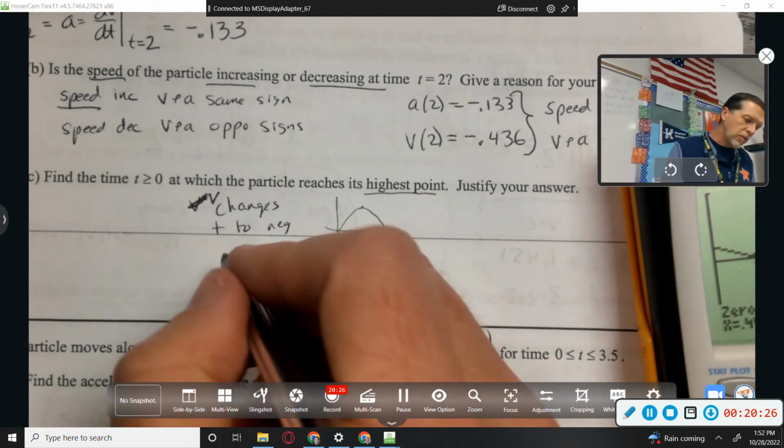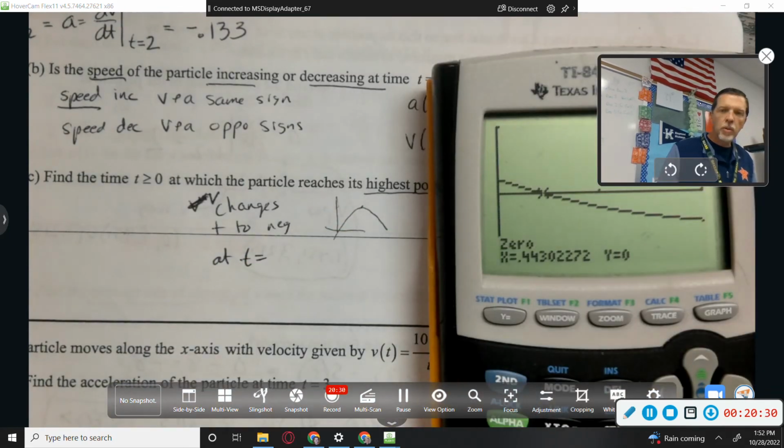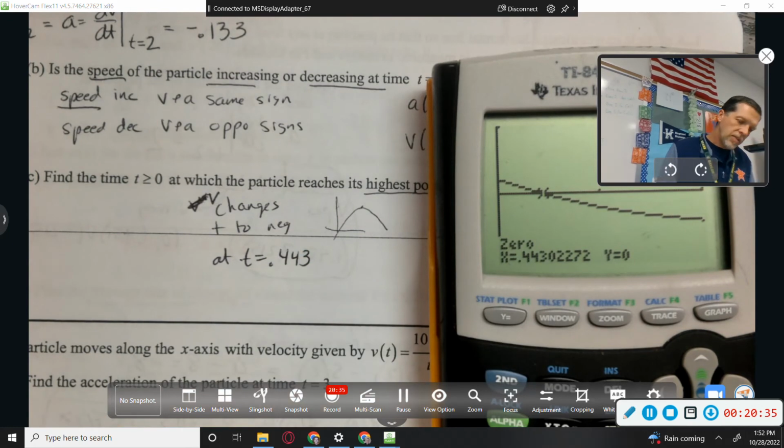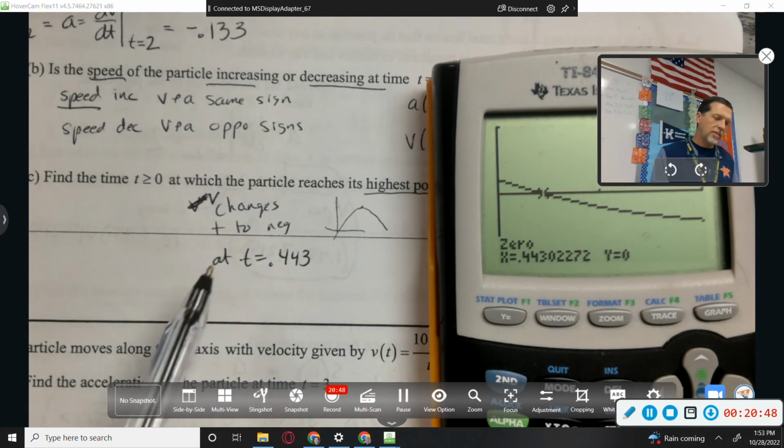V changes positive to negative at t equals 0.443. And it stays negative after that, so that means it's going up until 0.443 and it's going down after that, so that's got to be the highest point.